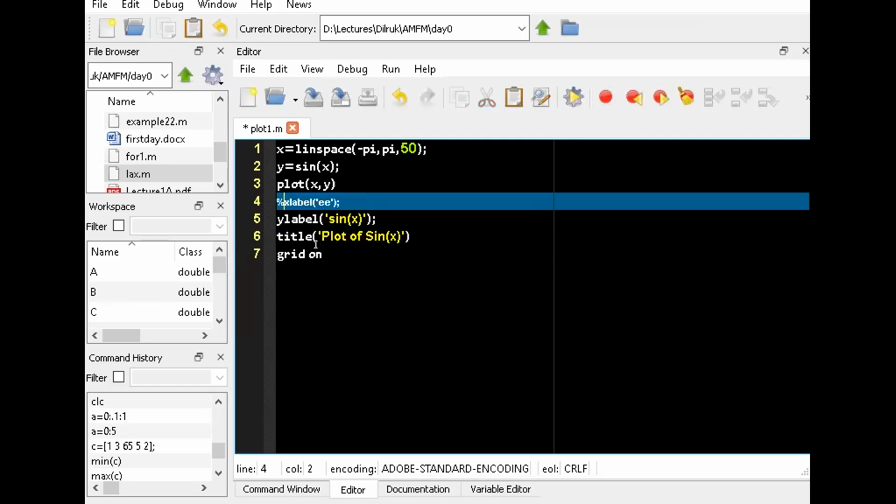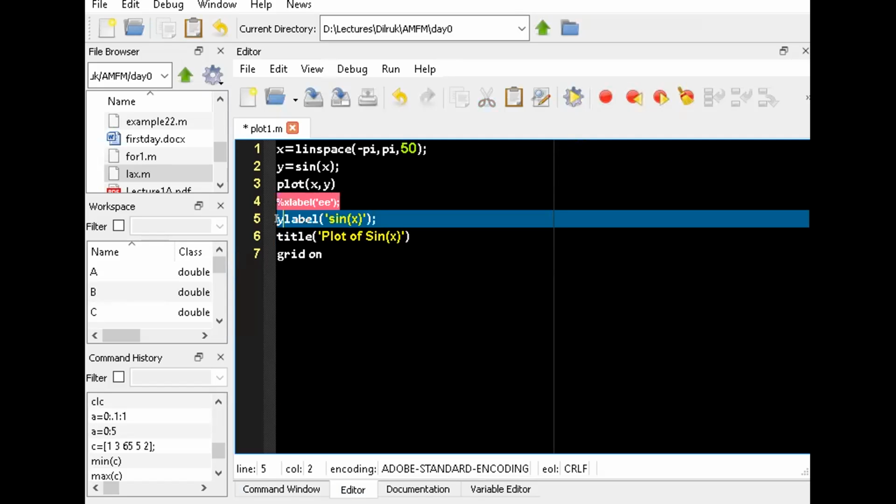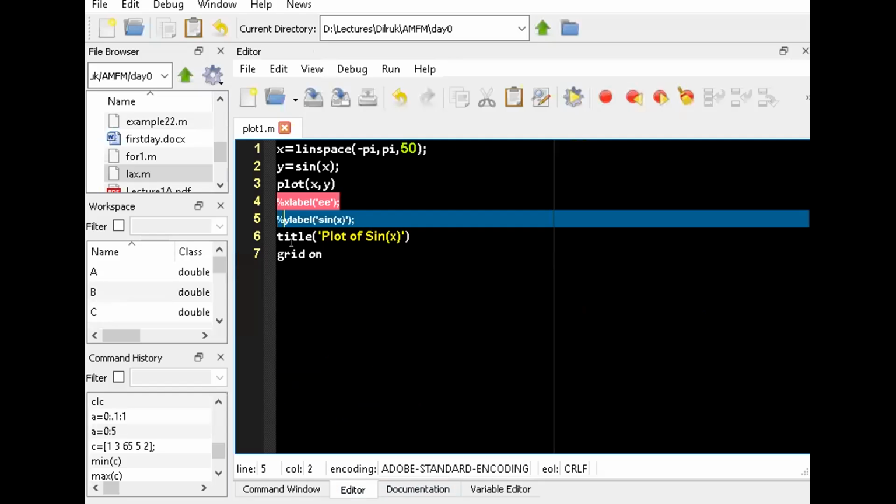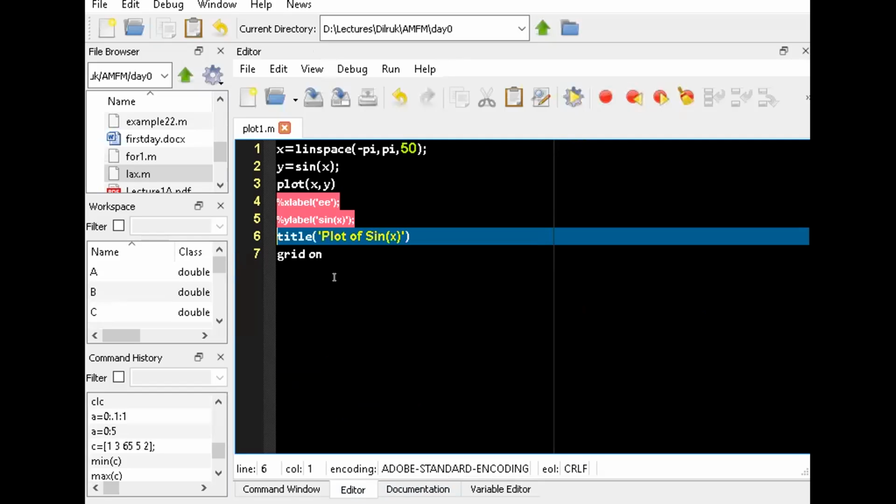Let's see. Can you see the letters, right? Still, we are getting the title. Something is missing here.